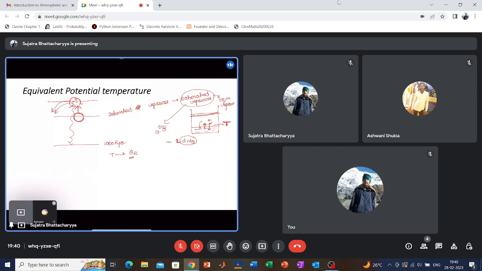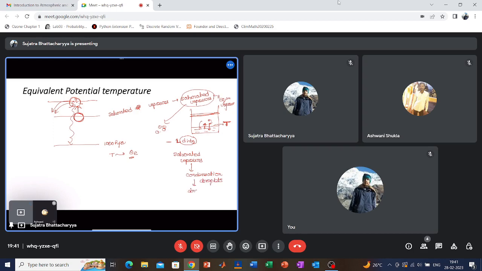And this entire process is where a parcel becomes saturated. Saturated vapors are there. As it goes further up, the saturated vapors turn into condensation droplets, and these condensation droplets drop out immediately after forming.